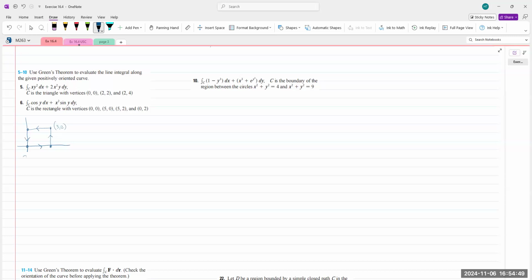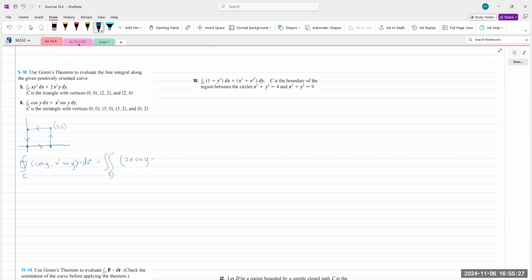So the integral over closed curve C of cosine y, x squared sine y dot dr. I purposely write it this way so you can see the vector field and where the P and the Q are. Then I can use Green's theorem over domain region D of Q sub x, that's 2x sine y, minus P sub y.